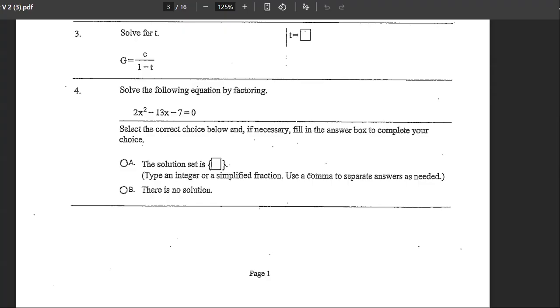Okay. So in this case, pause here for a second. What's the difference between this one and say another trinomial, such as x squared minus 6x plus 9?